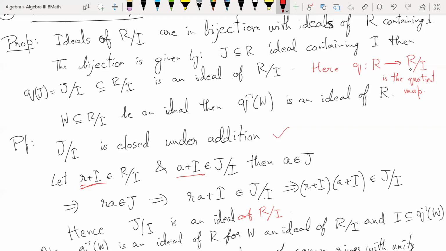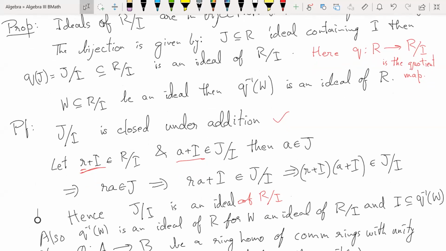Okay. And then we do the other. So now we want to show that Q inverse W is an ideal of R for W an ideal of R mod I. And we also want to show that I is contained in Q inverse W. So this bijection will work only if this happens.